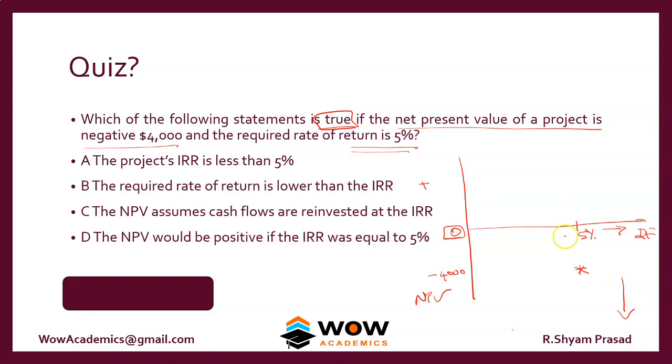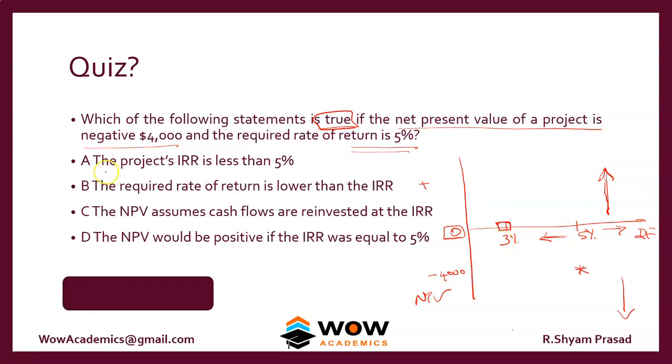If you decrease the discount factor, your NPV will increase because they are inverse in nature. So what happens is we'll decrease it, and the NPV goes higher, and we get something like 3%.